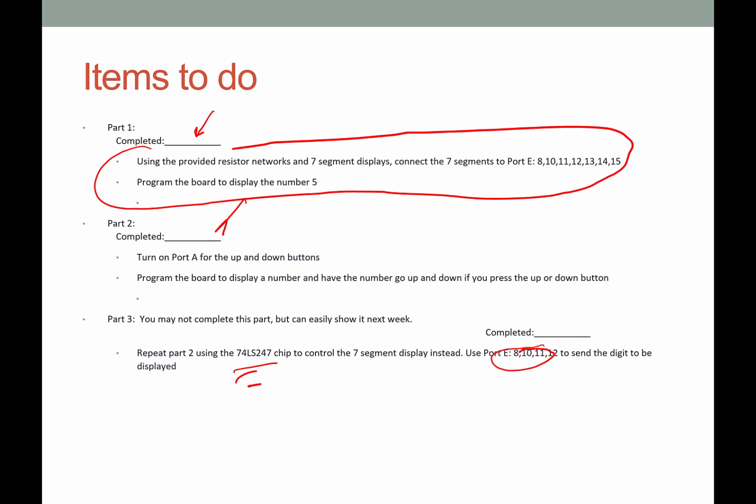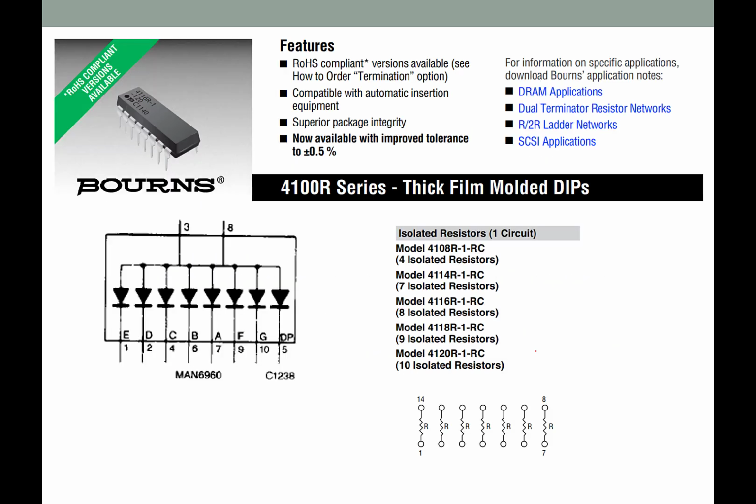But then you need to use the small a through g outputs on the decoder to drive your 7-segment display.